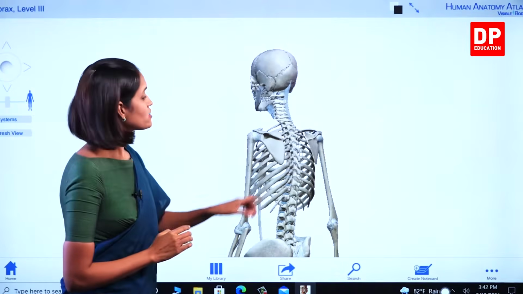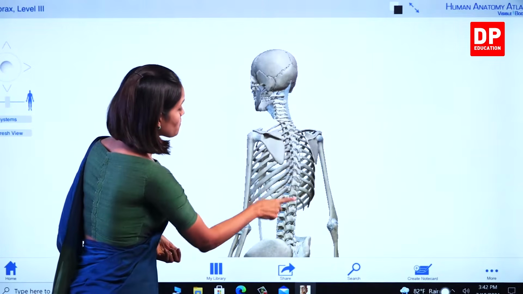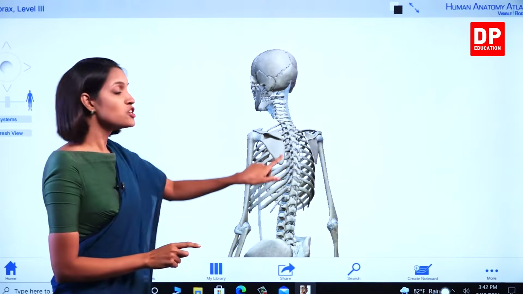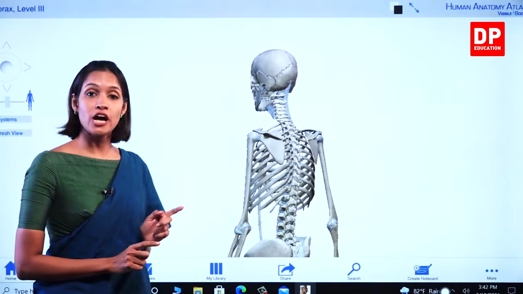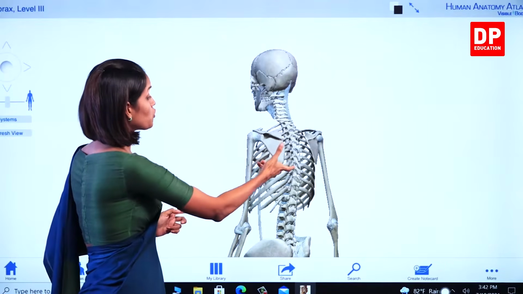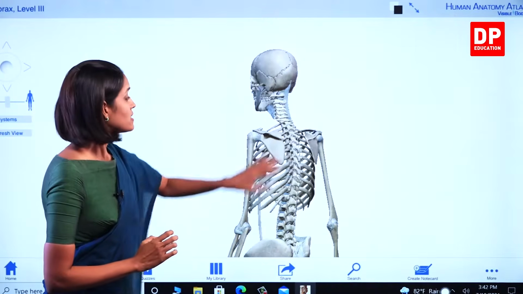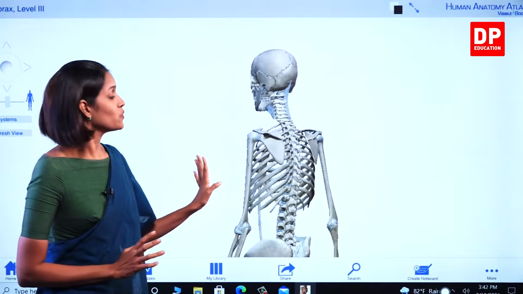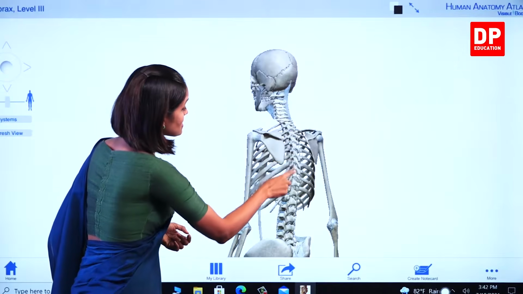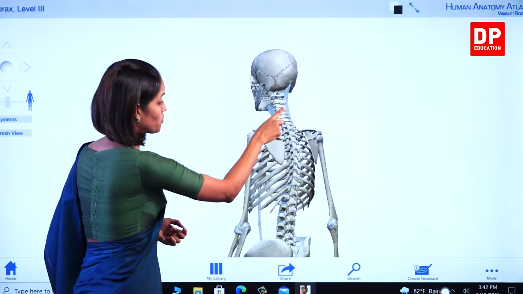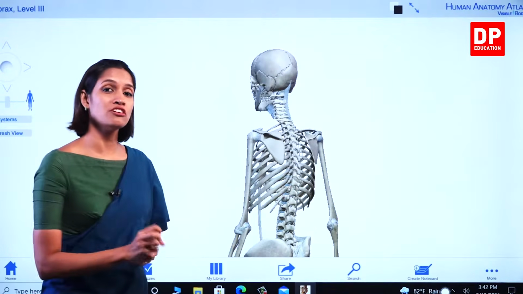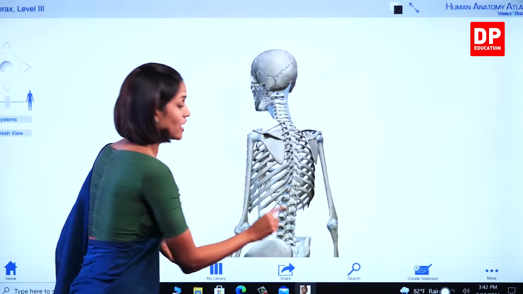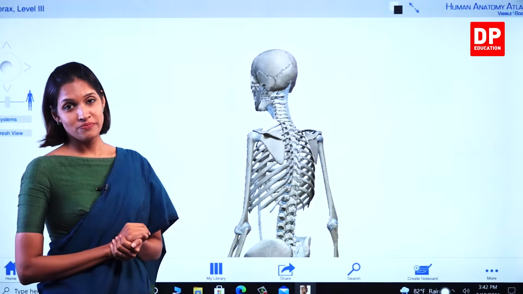Can you see, as I told you, this backbone is made out of a collection of tiny bones. Each bone is known as a vertebra, right? The plural form of vertebra is vertebrae. Because the backbone is made out of tiny bones called vertebra, this is known as a vertebral column.